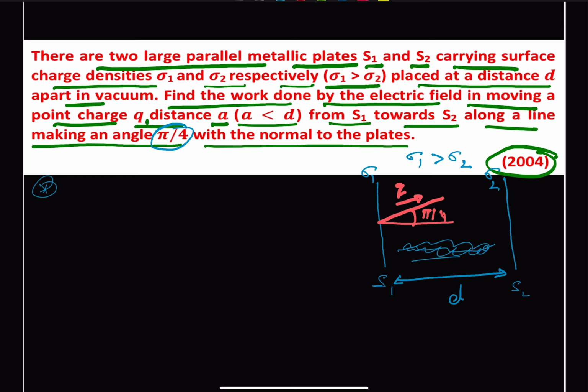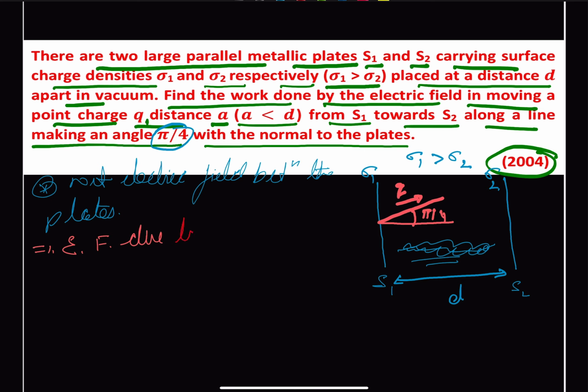So we are interested in the electric field which is inside the plates. The electric field due to plate S1, let us suppose that is our E1, is equal to sigma 1 upon 2 epsilon naught.